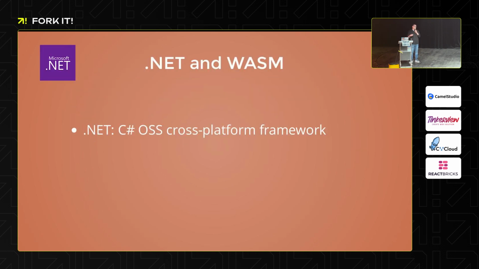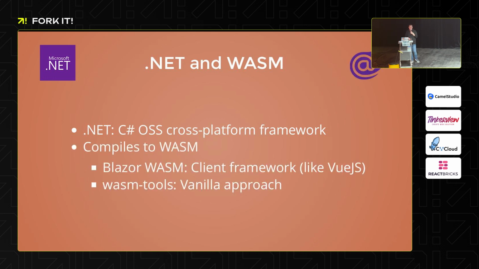.NET is a framework like the Java JDK, but its language is C#. It's open source, and it's cross-platform: Windows, Linux, Macs, desktops, mobiles, and so on. Recently, it added the possibility to compile into WebAssembly through two means. The first one is Blazor WASM, which is a web framework like React, Vue, or Angular.